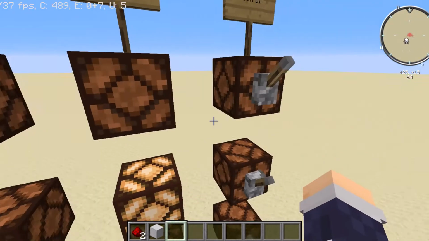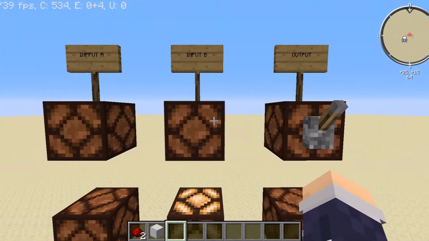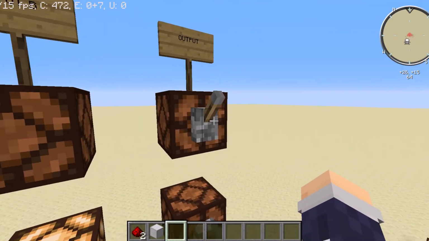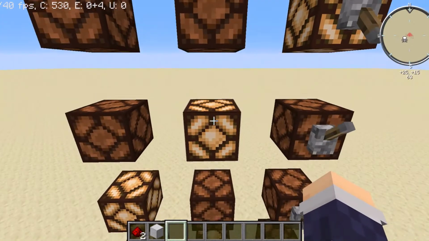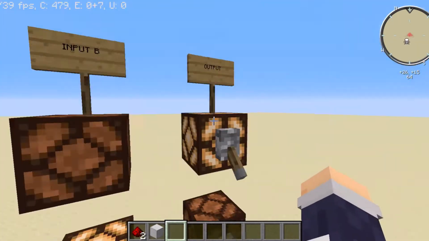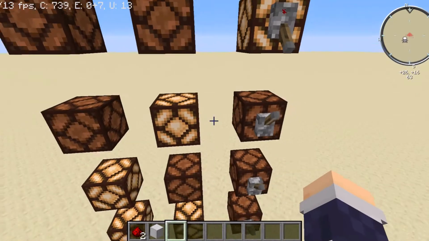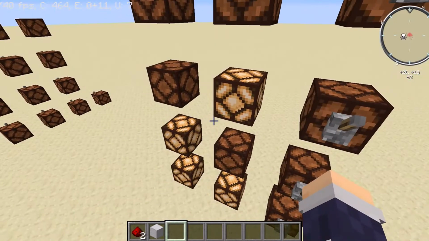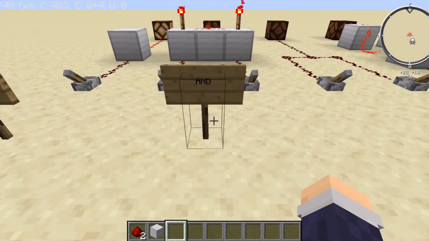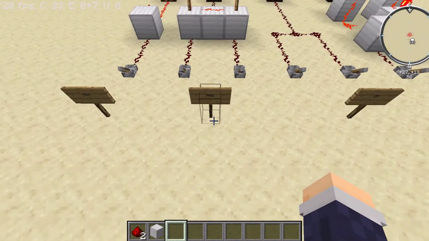Like I said before, if your input is a 0, your output will be a 1, and if your input is a 1, your output will be a 0. So like I showed you here. Very easy. Next, the AND gate. The AND gate is also a really fundamental logic gate.